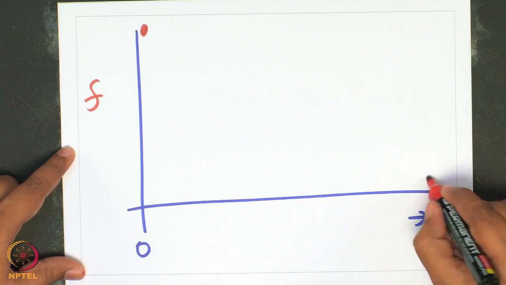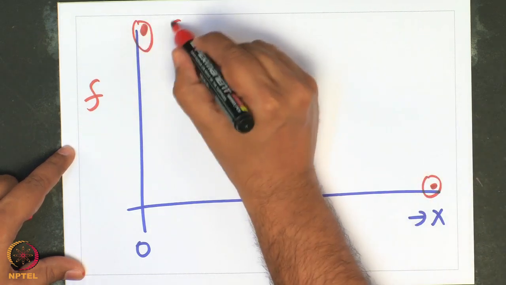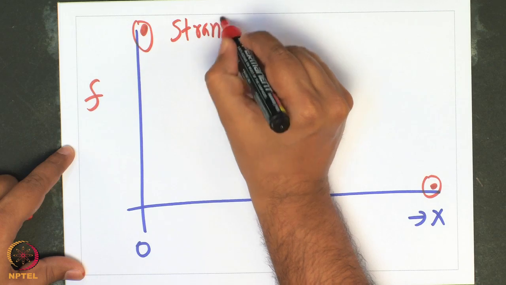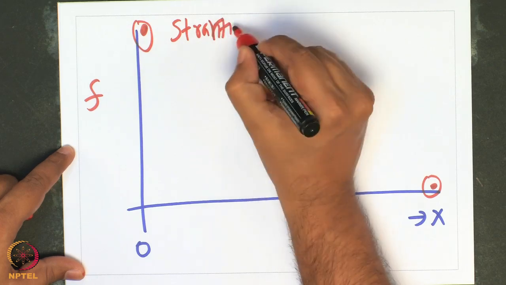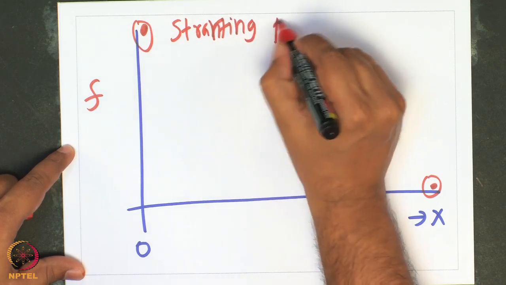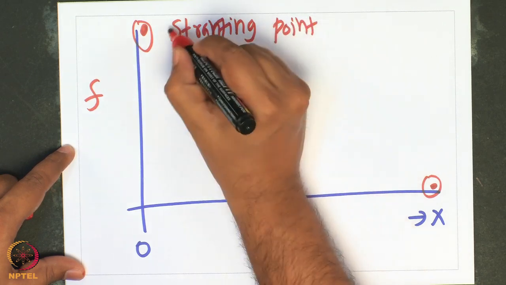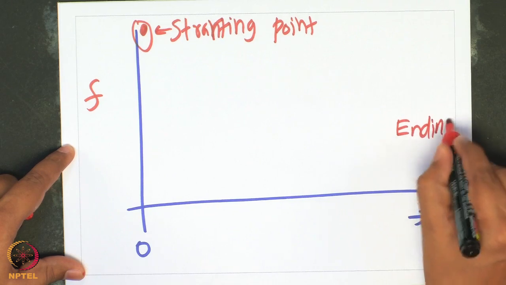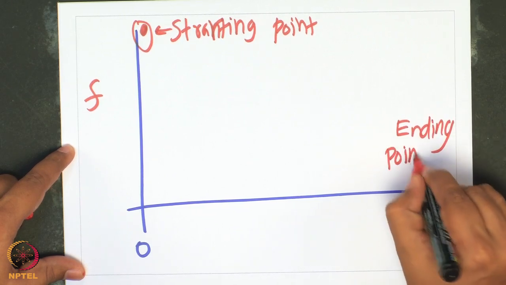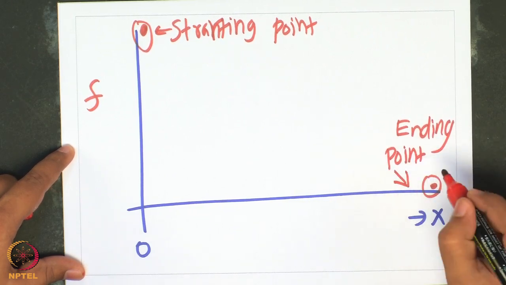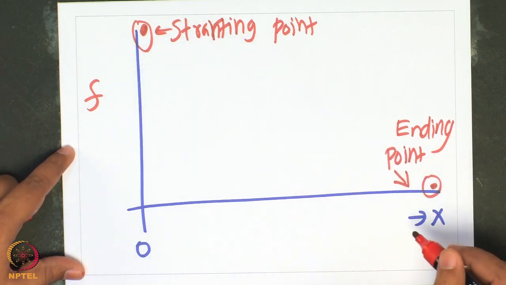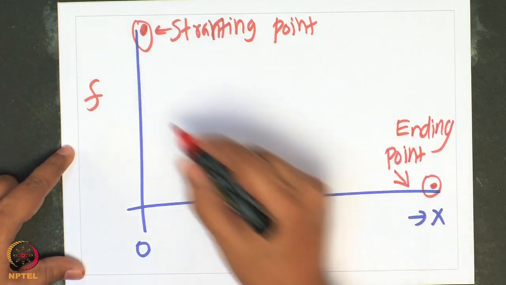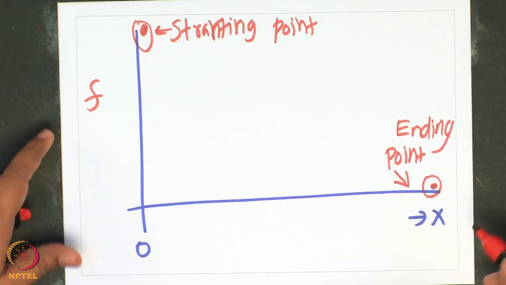So, if you know the starting point and the ending point, there could be many curves which would satisfy this. I could draw a straight line, or I could draw many kinds of curves.